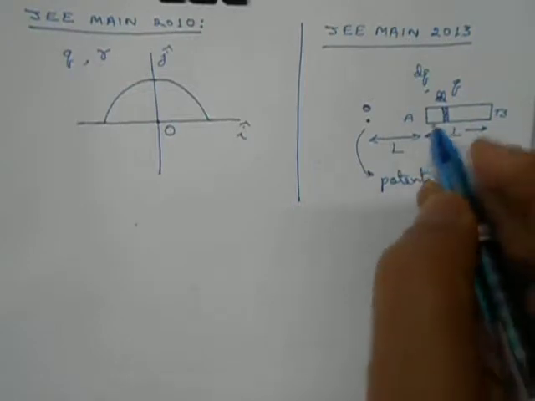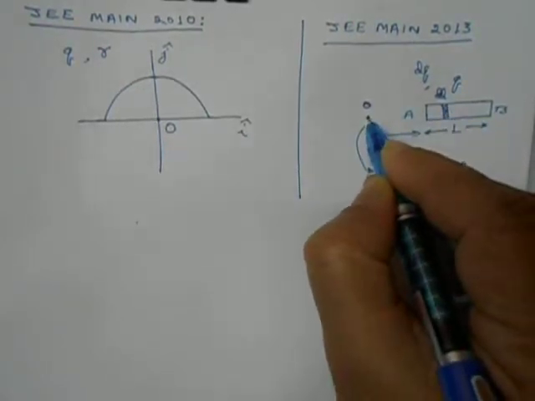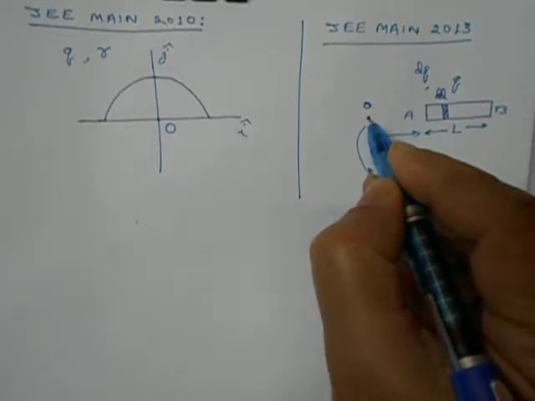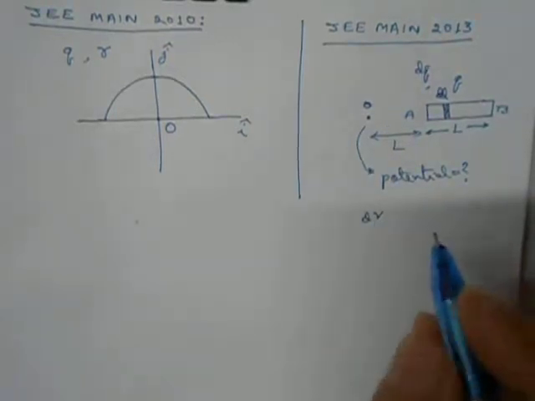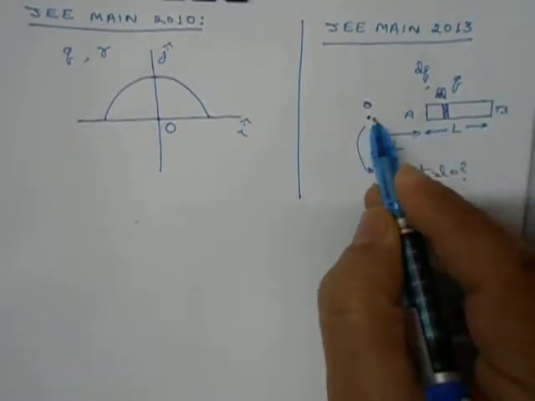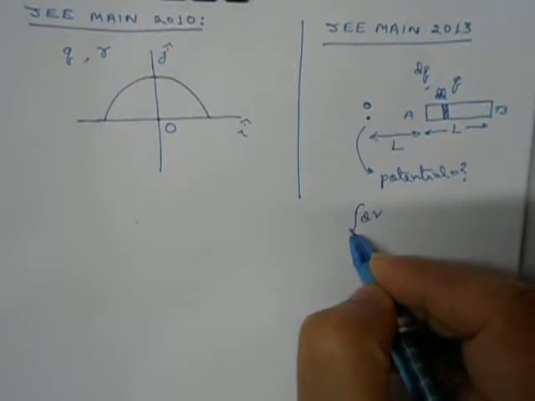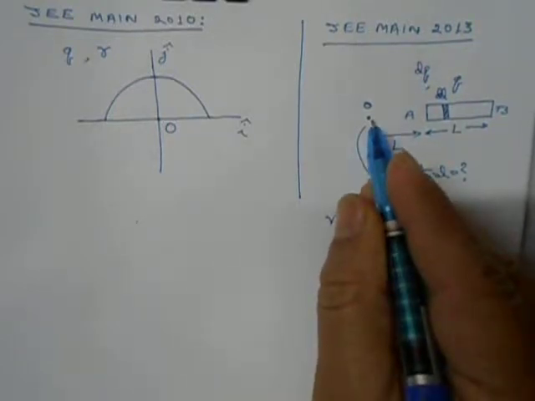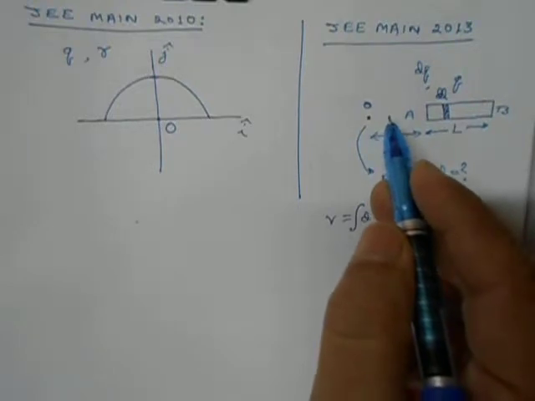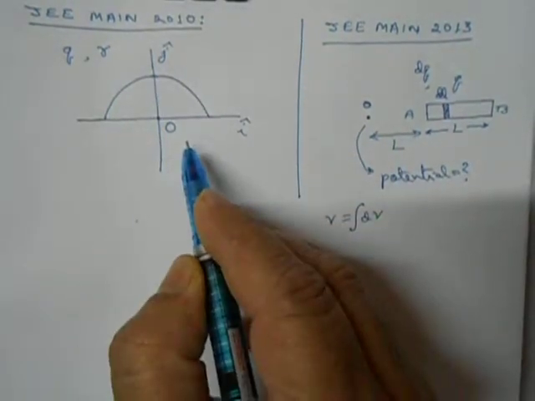For this sample element, first we found the electric potential at this point, which we call dV. Then to find the total potential for the whole rod AB, we integrated it to find V, the total potential at this point. The same approach will be used in solving this problem.